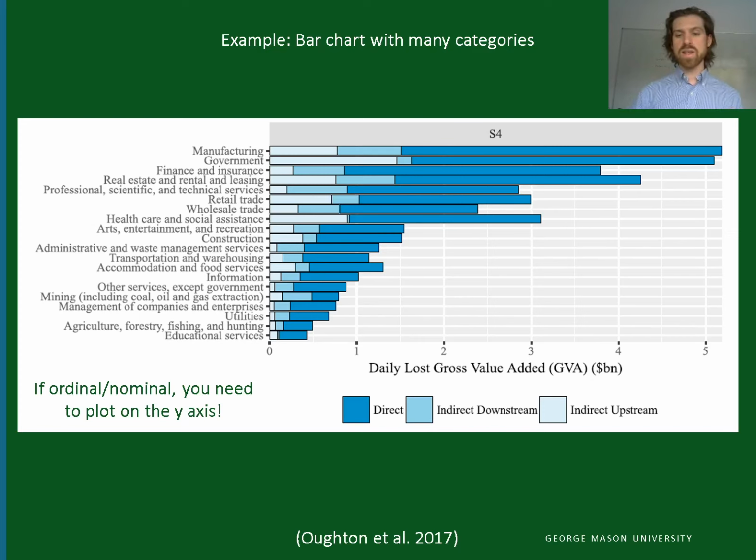And then on the x-axis we have the daily lost value added to the economy. This is known as gross value added. This is how much lost productivity, economic production took place as a result of this blackout. But the key point here is that you're able to demonstrate for all of these different categories what the potential impacts would be, and that's pretty strong.